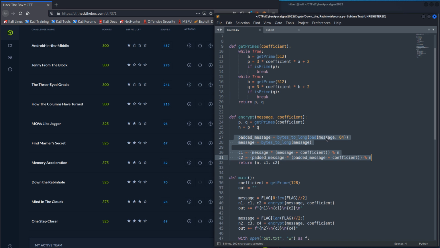Well, the reason that's important is because if we look here, we see that the half the flag, we're going to pad it. For a padded message, we're padding it to 64 bytes, which means the message is smaller than 64 bytes. But even if we go by it being 64 bytes, which is 512 bits, we're taking this 512-bit number and adding a 128-bit number to it. So it's just some number still less than 513 bits.